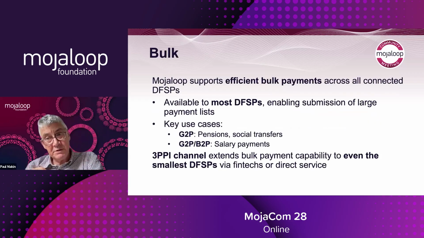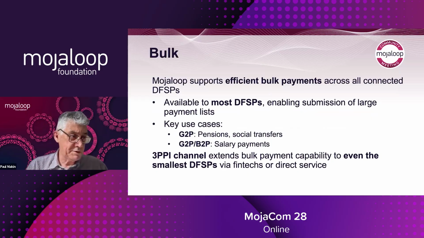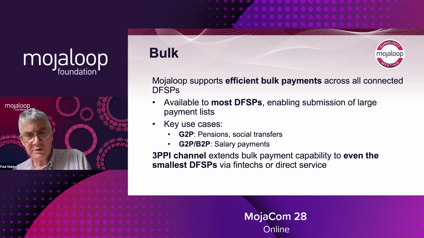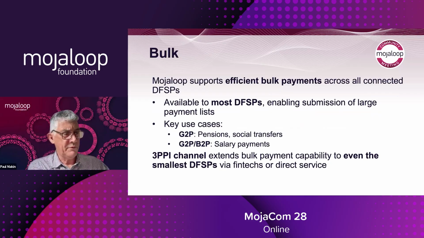Every payment service needs to facilitate bulk payments, and Mojaloop offers this service using an extremely efficient model. All but the very smallest DFSPs are able to offer bulk payments to their customers, allowing them to submit payment lists that can reach every customer of every connected DFSP.